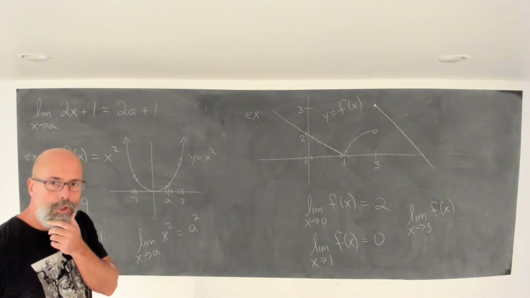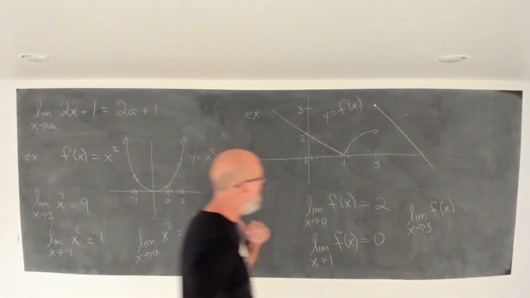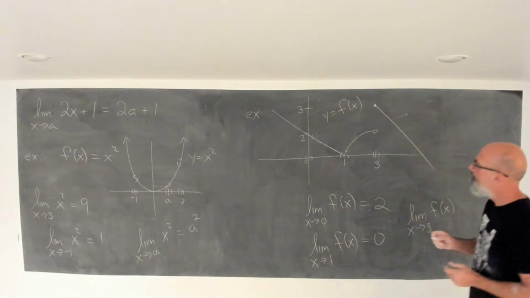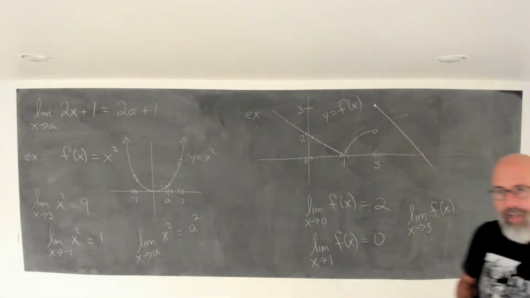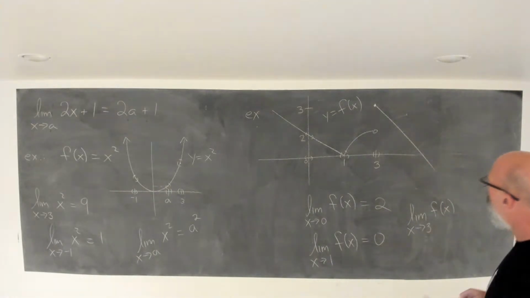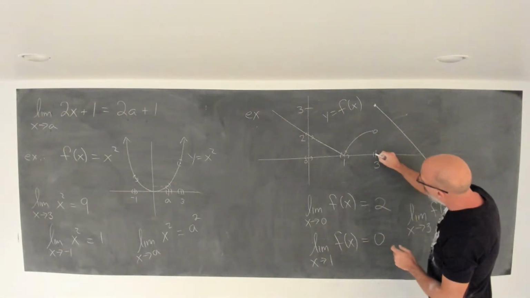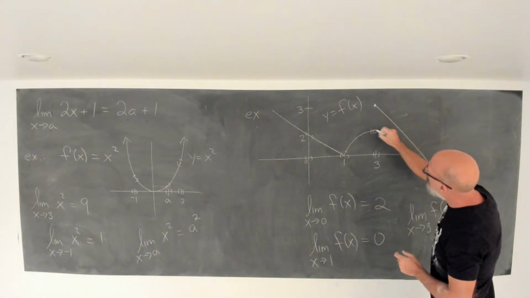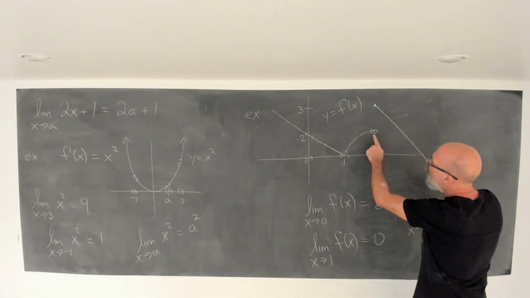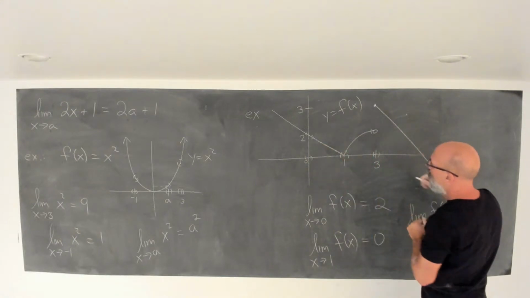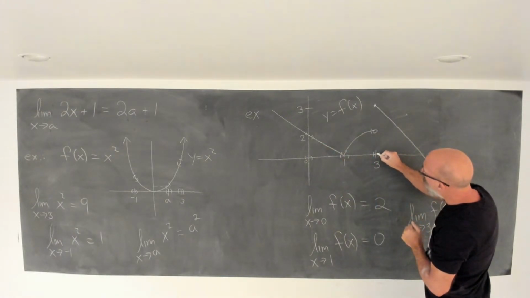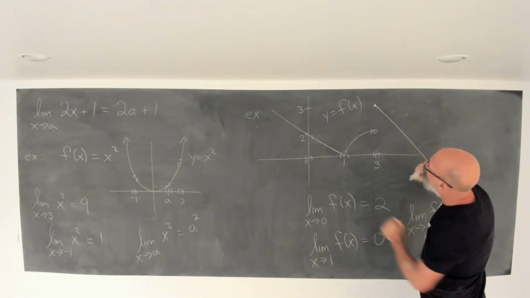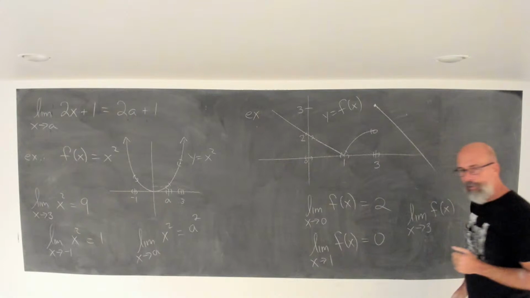And you see the issue, right? You see what's happening. If you take values close to 3, the behavior actually depends. If the values are less than 3, then these get mapped to numbers that are close to 2. But if the values are bigger than 3, then these get mapped to values that are close to 3.